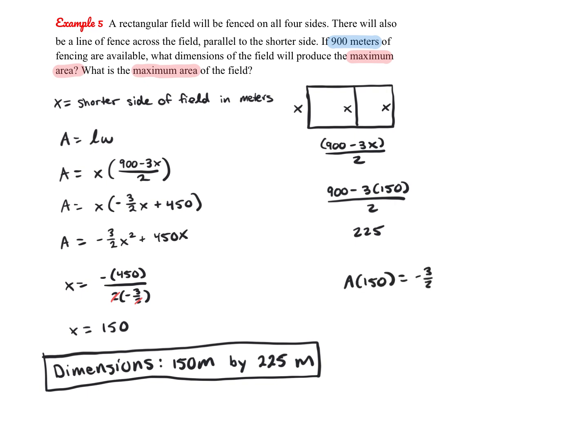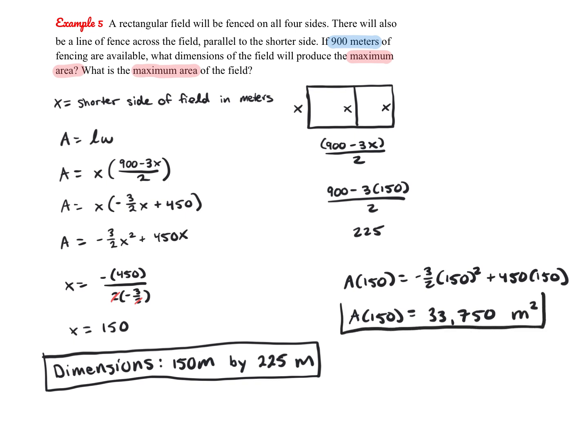So negative 3 over 2 times 150 squared plus 450 times 150. So our maximum area is 33,750, and we want to make sure we have the right units, meters squared. For area, our units need to be squared.